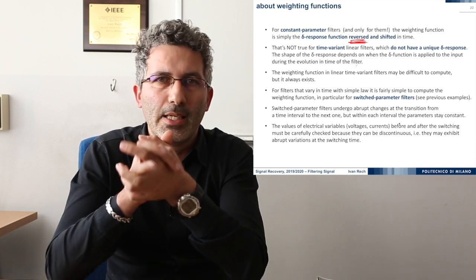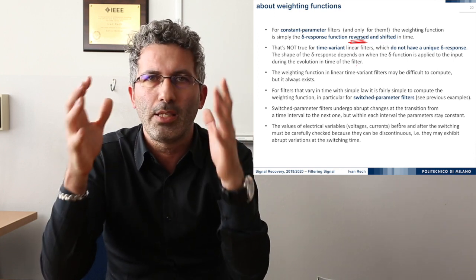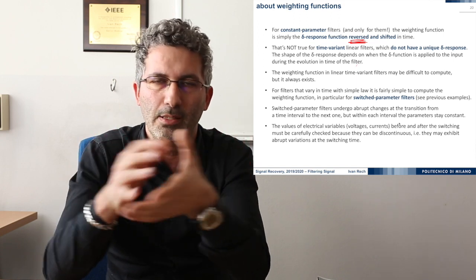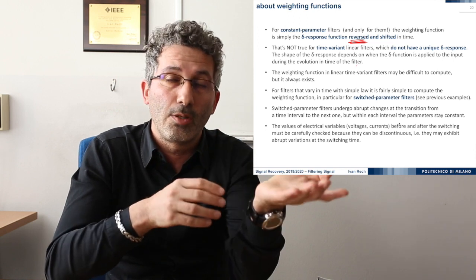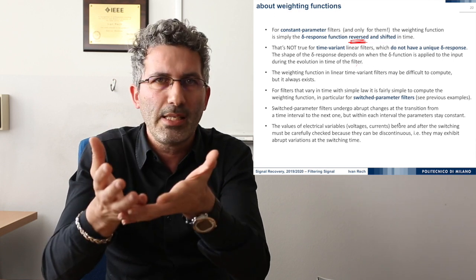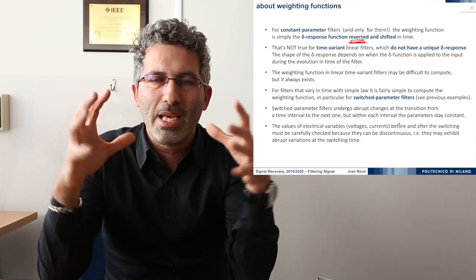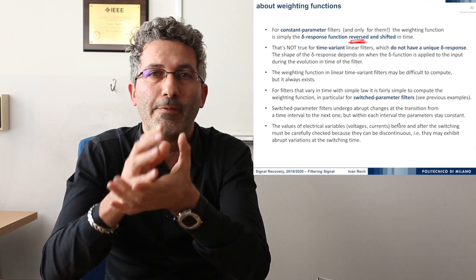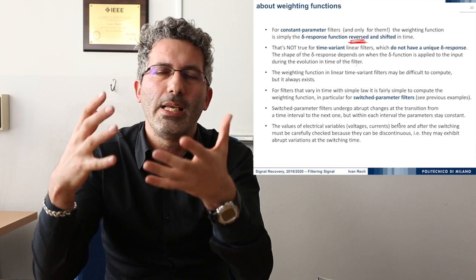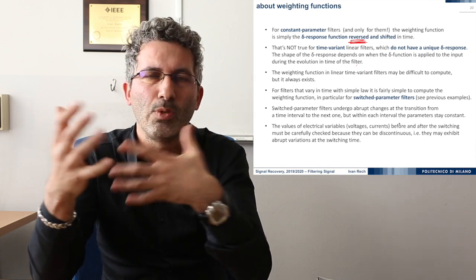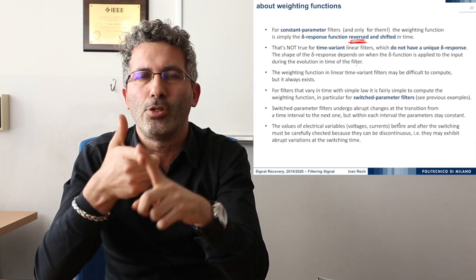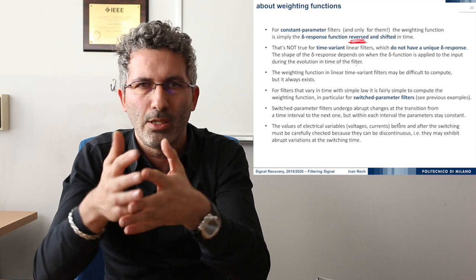These are the key points of signal filtering: the concept of the weighting function, and how I can construct the weighting function for the constant parameter filter and for the non-constant parameter filter. In the next lesson we will make a summary of filtering the noise, and I have to admit that it is a long list of formulas, because we will have to understand what happens to the noise when we filter it, for constant parameter, not constant parameter, white noise, not white noise, and so on.